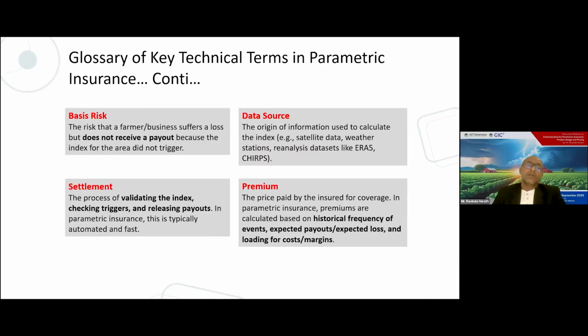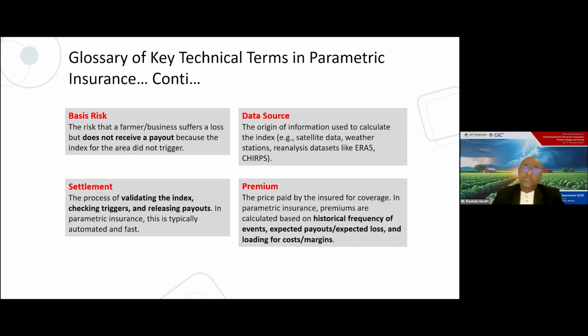Basis risk is something we are always discussing. Simply, it is when farmers expect something from the insurance, but the actual payout does not match the farmers' expectations. But what is the farmer's expectation? The definition is different, because farmers sometimes may expect more than the actual loss, but here the farmer's expectation should be equal to the actual loss.